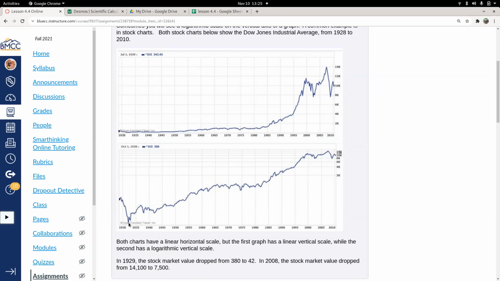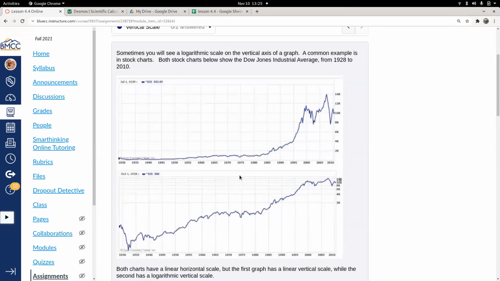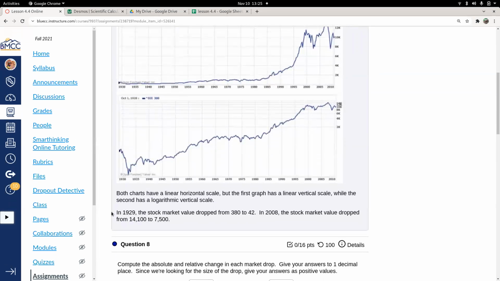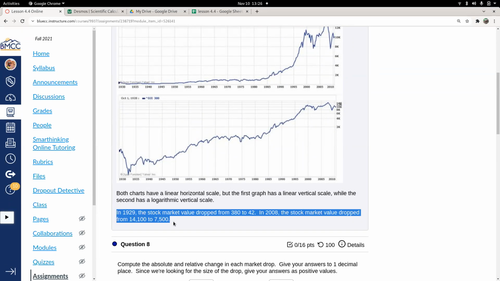Okay, so let's think about why that would be. To do that, we're going to look at absolute change versus relative change. We investigated that idea when we were talking about the Ebola outbreak recently. I need some data here, and that would be in this line here. So I'm going to copy this, stick it in my notebook. Where's my notebook?